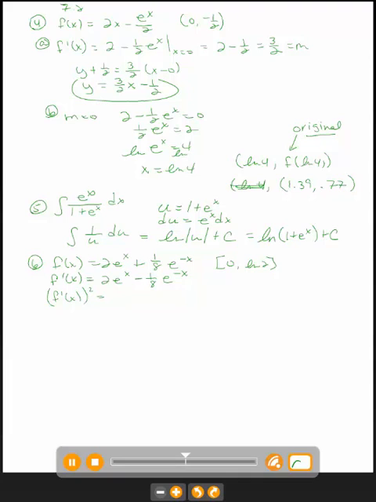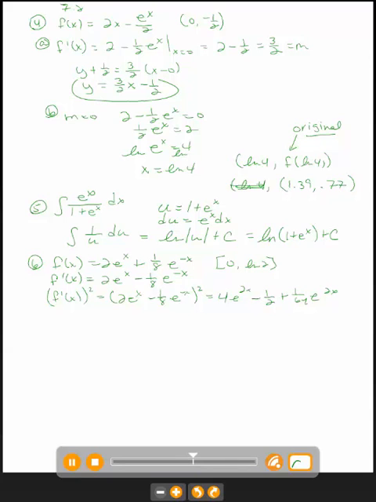If I square this out, I will get 4e to the 2x, put the 2 together, that's a negative 1/4 e to the 0, so negative 1/4, double it, negative 1/2, and then square the last term, 1 over 64 e to the negative 2x.